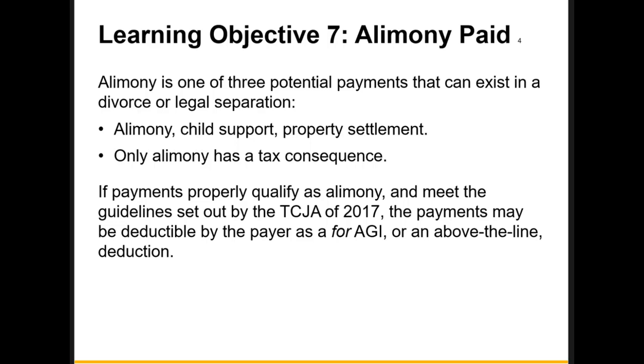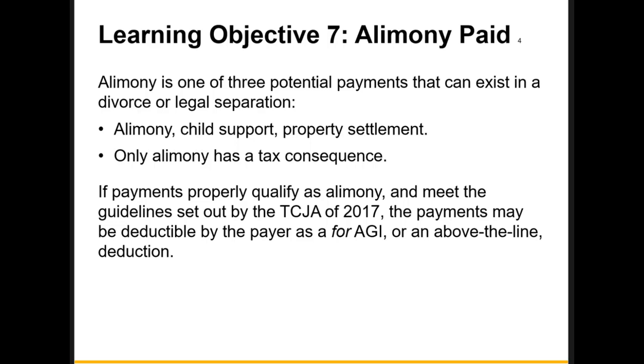What matters is what it looks like. So, for instance, if a payment amount is going to be reduced when a child reaches 18, then it is child support, even if you called it alimony or separate maintenance agreement or anything else. It's still child support if it gets reduced.